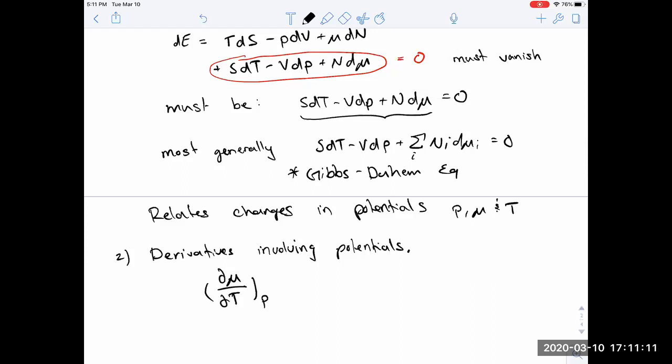Well, if I have a one-component system, I'd look at this equation up here. Changes in chemical potential with temperature at fixed pressure. Well, that's quite simple. That's just minus the entropy over the number of particles.